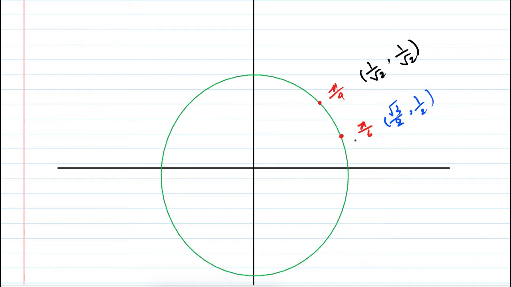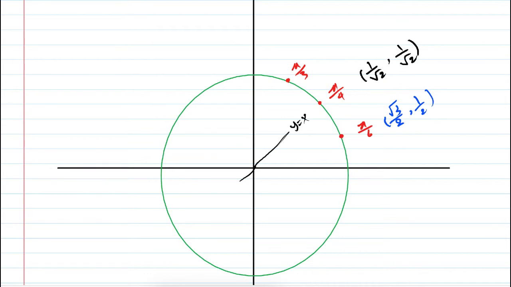So if I travel 2 pi over 6s, I'll be getting to pi over 3. This is pi over 3. The value of the terminal point of pi over 3 is the same as pi over 6, however reflected around the line y equaling x. So this is the line y equaling x. If I reflect pi over 6, this point, it will be pi over 3.